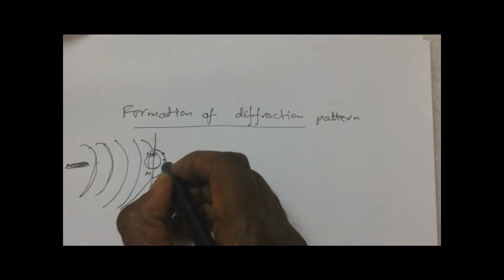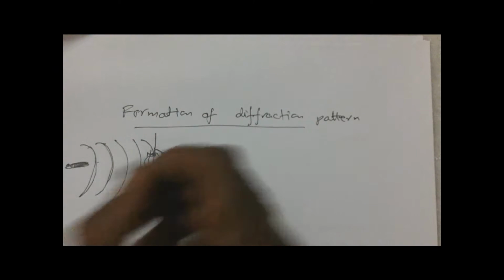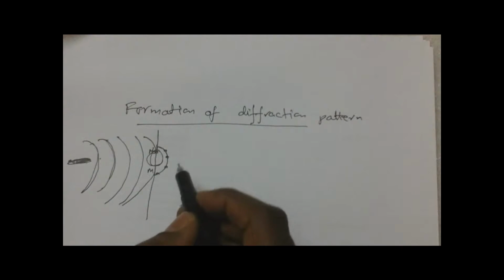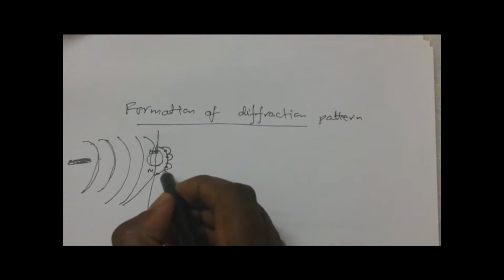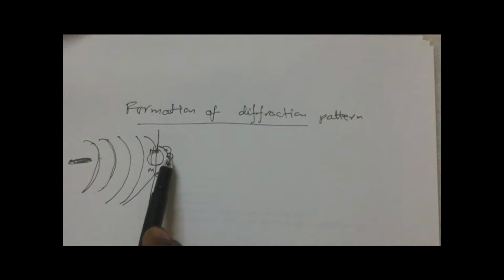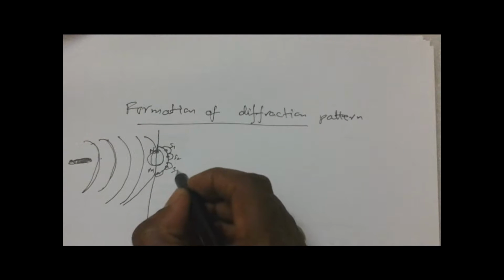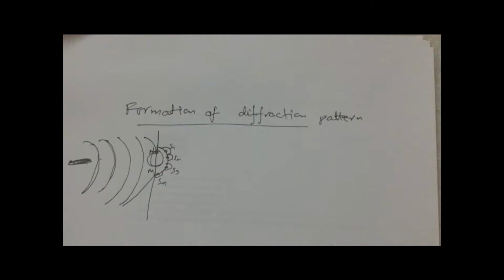On this spherical wavefront we have so many points. Each point acts as a secondary source of light, like this: 1, 2, 3, 4, so many secondary sources, S1, S2, S3, up to Sn, n number of secondary sources.